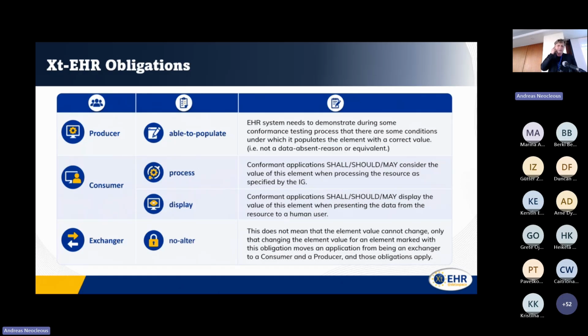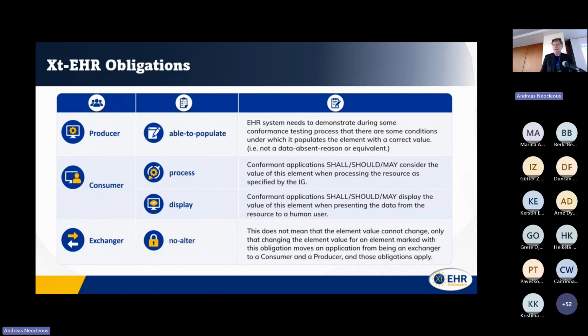Okay, we have selected actually 3 different, or specified 3 different actors. The systems which are producing something, that's the producers, obviously. Systems which are receiving the information, the consumers, and something in between. Of course, that was inspired by the HDS regulation, where the intermediary are the exchangers.